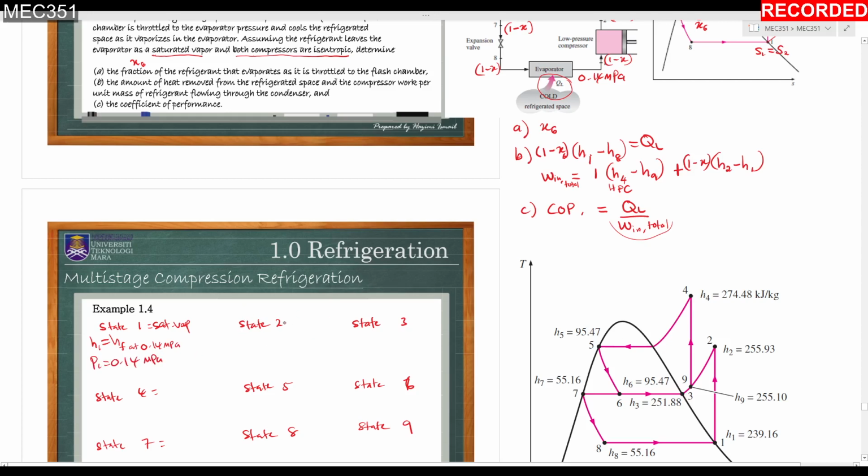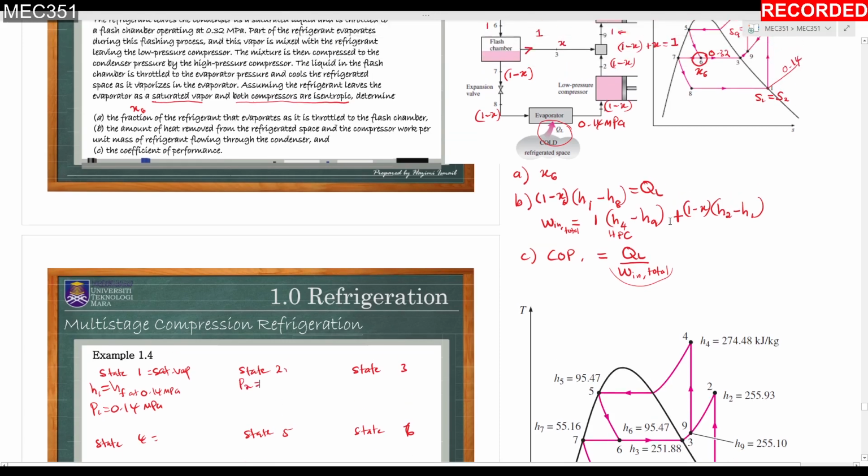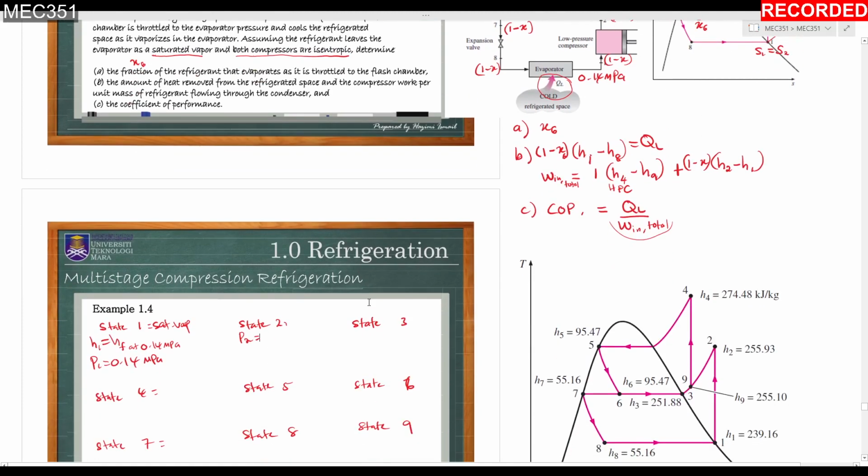And state 2, P2 equal to 0.32, and entropy 1 is also Sg at 0.14 MPa, and entropy 2 is equal to entropy 1. Why?